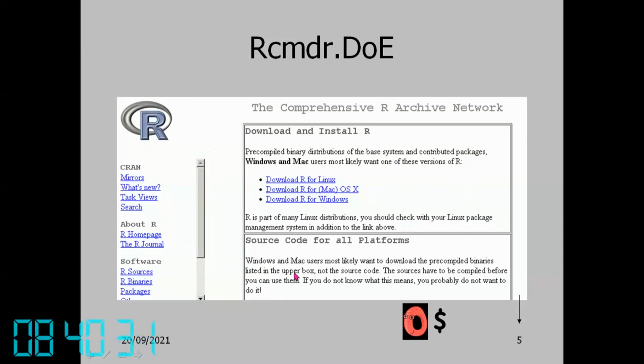It's not GUI based, even though some people have developed external GUIs for it. Basically, if you know the code, it is very powerful. Graphics are very beautiful. You can try all types of graphs, because it is developed by statisticians for all statistical purposes, not only design of experiments. Anything is possible in R.